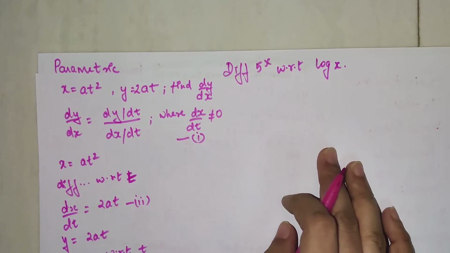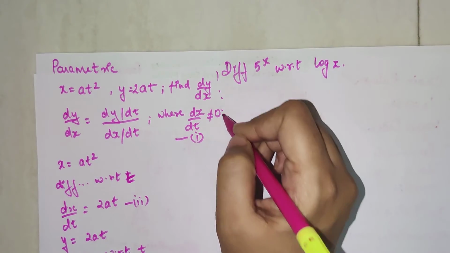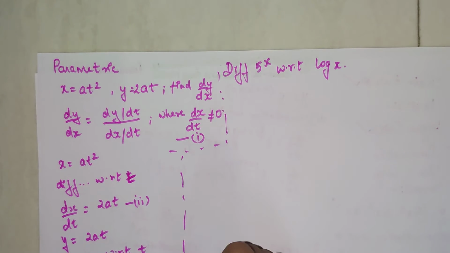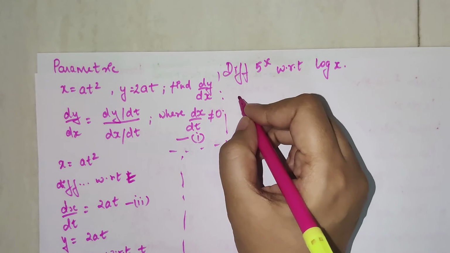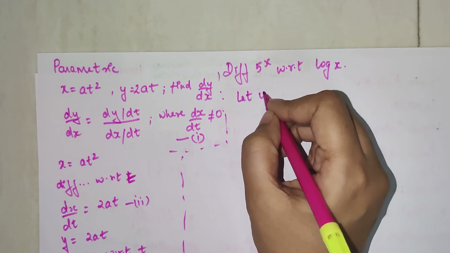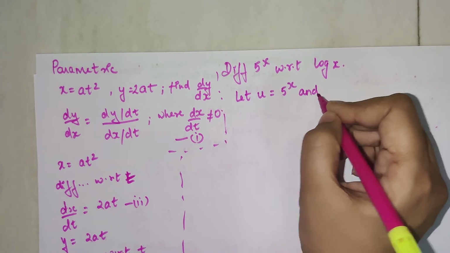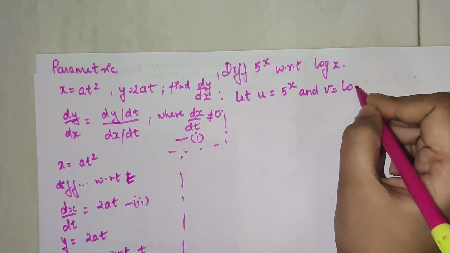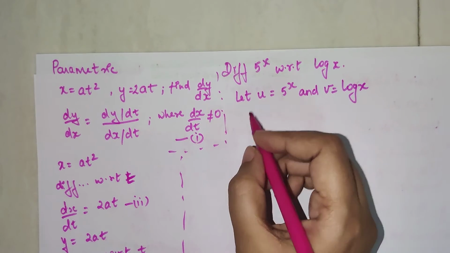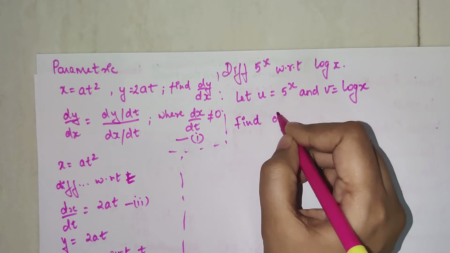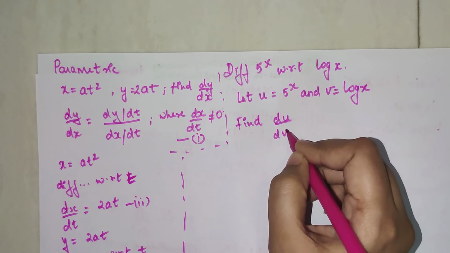Okay, so now here in this kind of scenario, what you should be doing is, we'll say that let u is equal to 5 raised to x and v is equal to log x. Okay, so now we have to find du by dv.